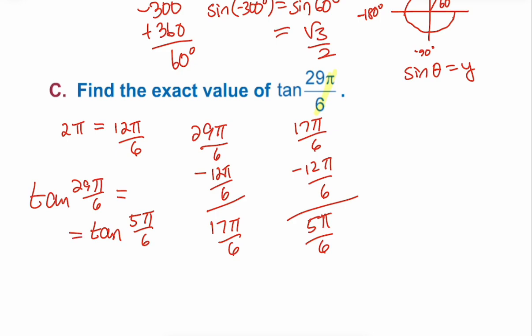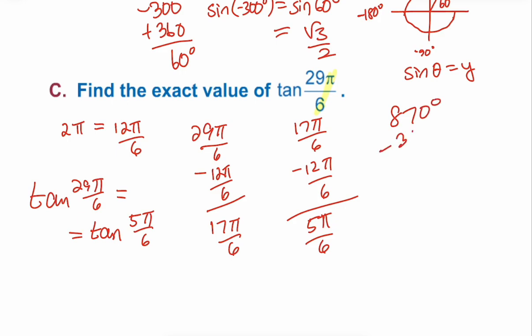Now, let's think of it a different way. Every pi over 6 is 30. If we convert that to degrees, 29 times 30 is 870 degrees.